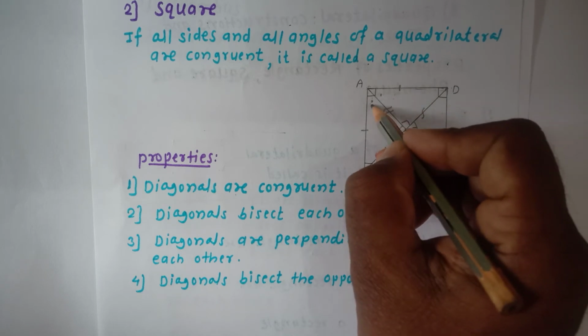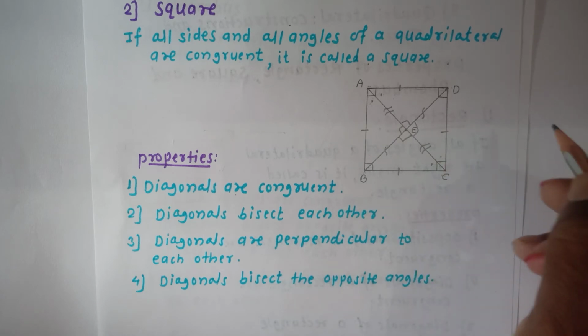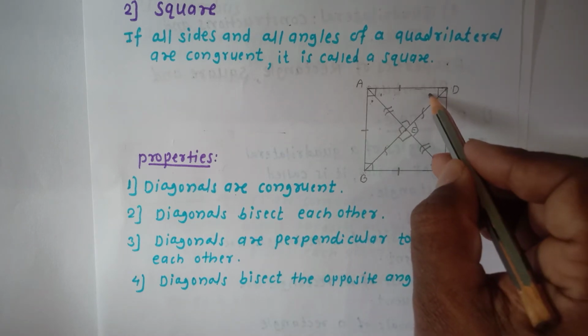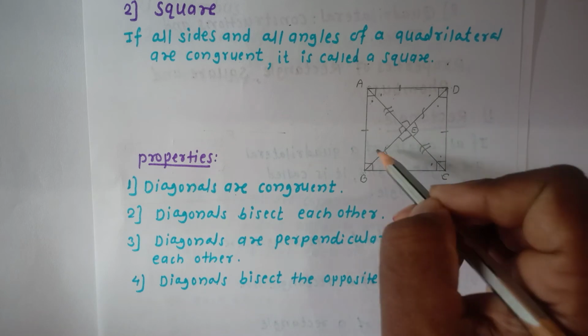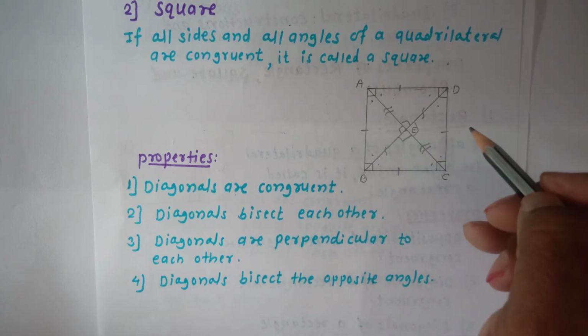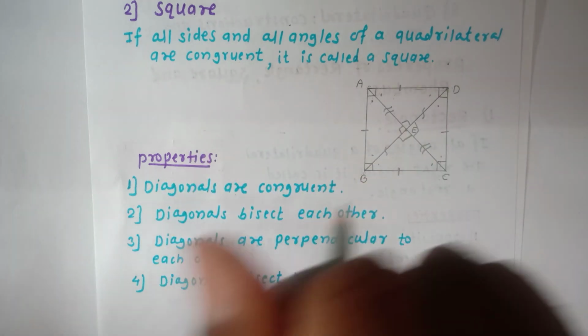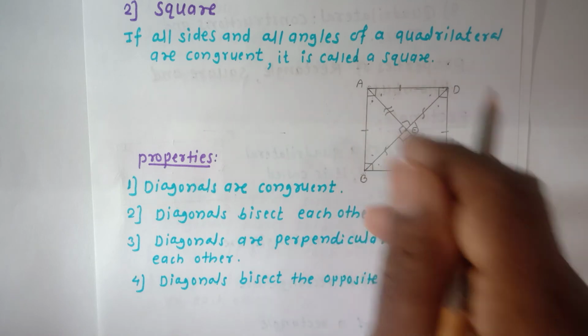These two angles become equal. Similarly, these two angles become equal, 45 degree, 45 degree. Diagonals bisect opposite angles. So these are the four properties of square.